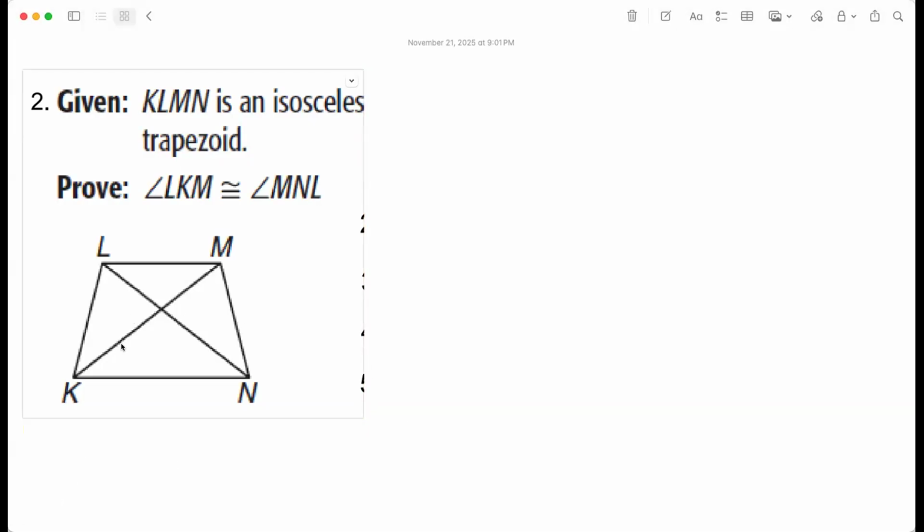Okay, KLMN is an isosceles trapezoid. Immediately, as soon as I see this, this is how I go for proofs. I'll mark it. KLMN is an isosceles trapezoid, which means these two sides are equal, and the base angles are equal. Prove that triangle LKM is congruent to triangle MNL.